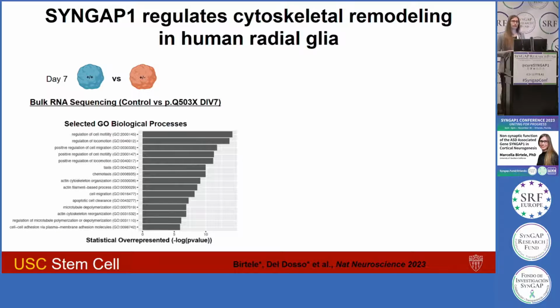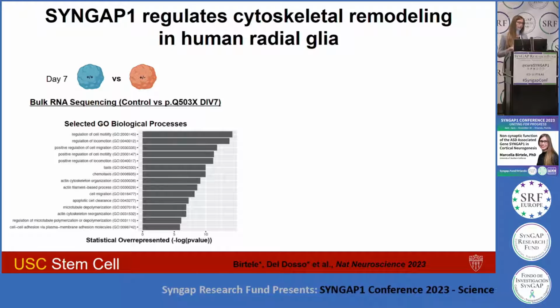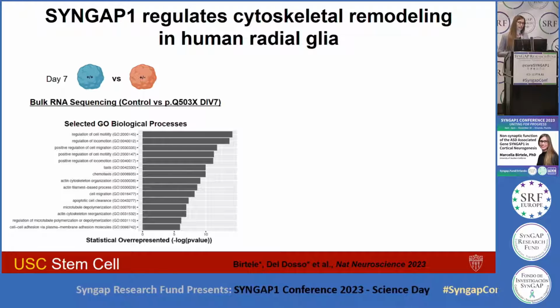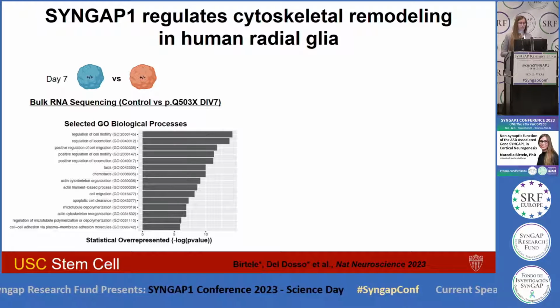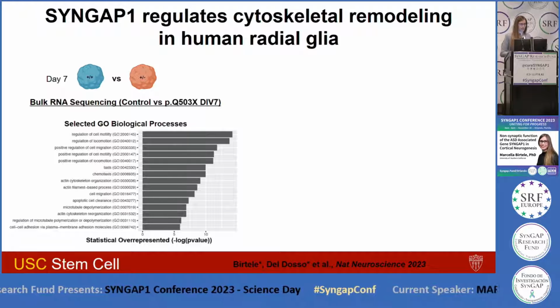We then wanted to look at the function of SYNGAP in these radial glia cells. And from here, I completely forgot about my first project as I joined the lab, and we really focused only on radial glia cells. So we compared day 7 organoids from a control line with day 7 organoids from a cell line carrying a truncating mutation, giving rise to haploinsufficiency for SYNGAP.